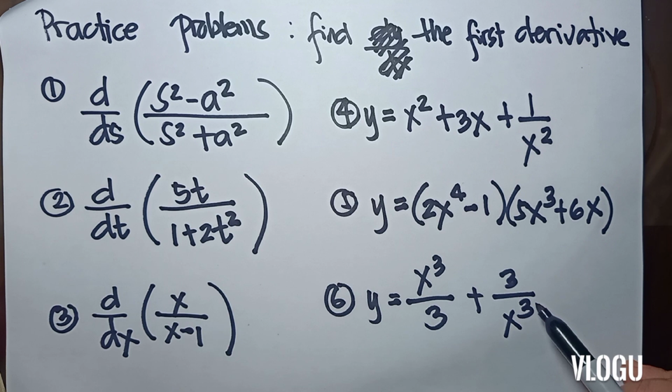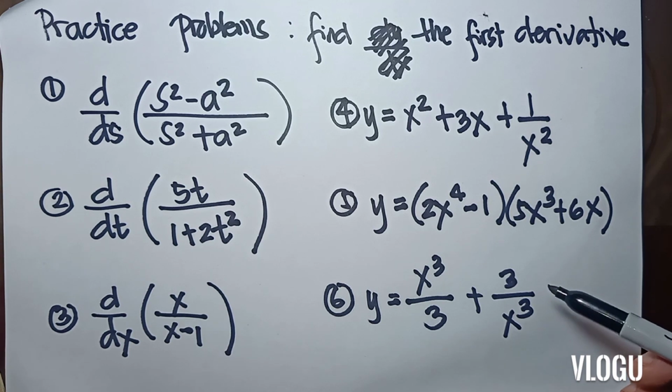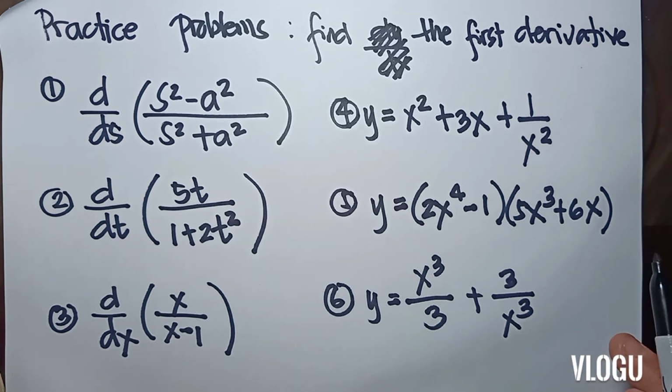So you are going to use lesson 1 for this one, because as in our example a while ago, you can bring x cubed up and make that a negative exponent. Try to answer this one. If you have some difficulty in solving this problem, you can just message me or make a comment.